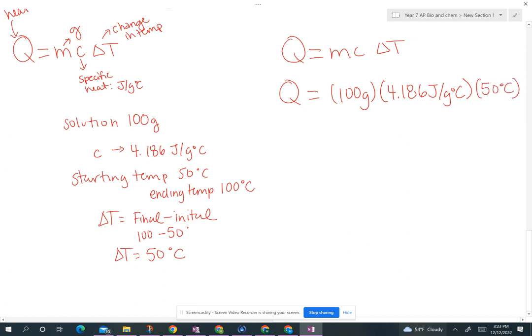So very simple. I'm going to multiply these out: 100 times 4.186 times 50. And what I should get for my Q is 20930 joules. So that is what I would have on there.